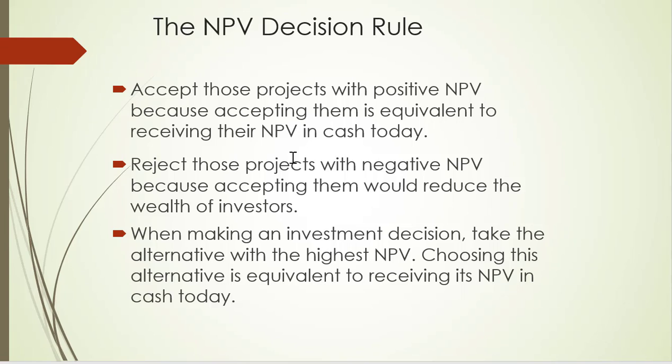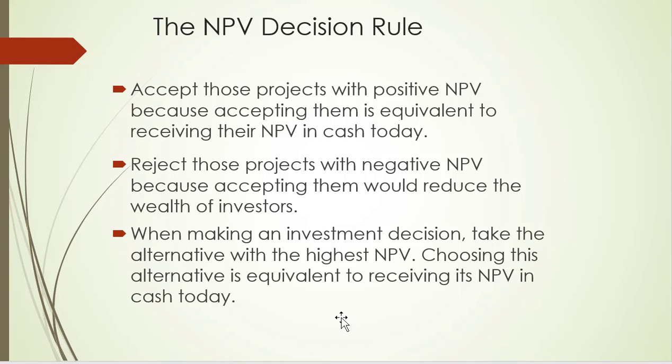So the basic decision rule is you accept any projects with positive net present value because that's the equivalent of getting that value today in cash. And of course, you would never want to buy an asset and then actually have to pay more money to have the asset. That's essentially what a negative net present value implies.